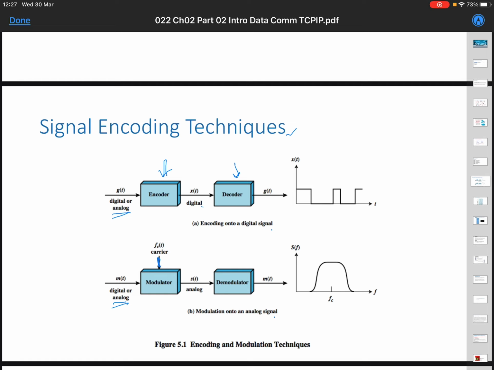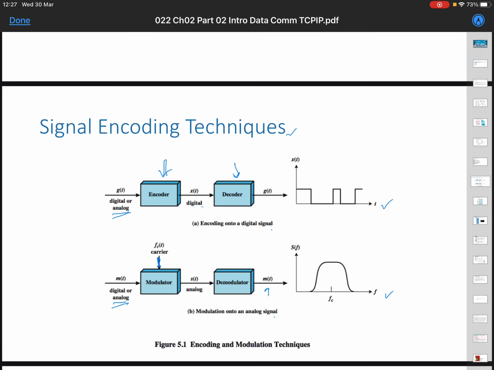When it goes to the demodulator, the signal is unmodulated. So this is the output of the encoding process, and this is the output of the modulation process.